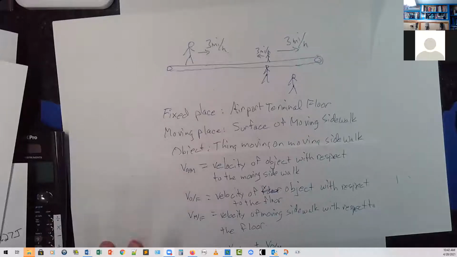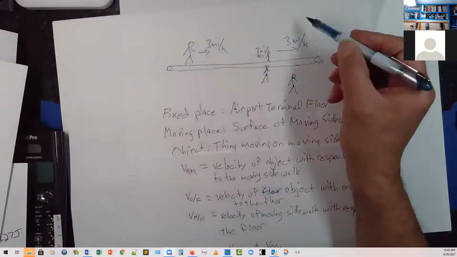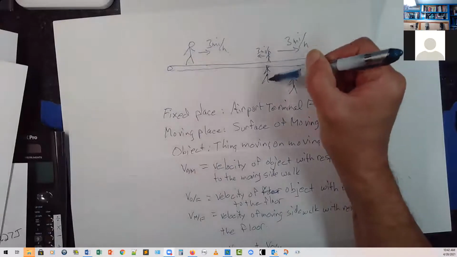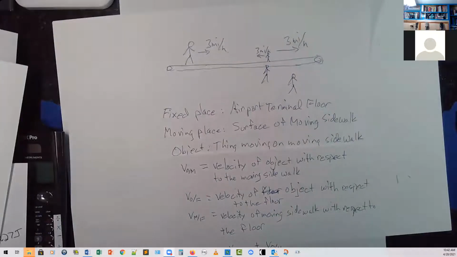And this is a way of stating that mathematically. If I define a direction to be positive, if any of these velocities happen to be negative, like if they're going the opposite direction on the moving sidewalk, then this term becomes negative. And that's the case of the little kid on the moving sidewalk that'll be going as fast as their little legs will take them and just standing still next to a parent next to them. You can do the same thing if you ever go down an up escalator.